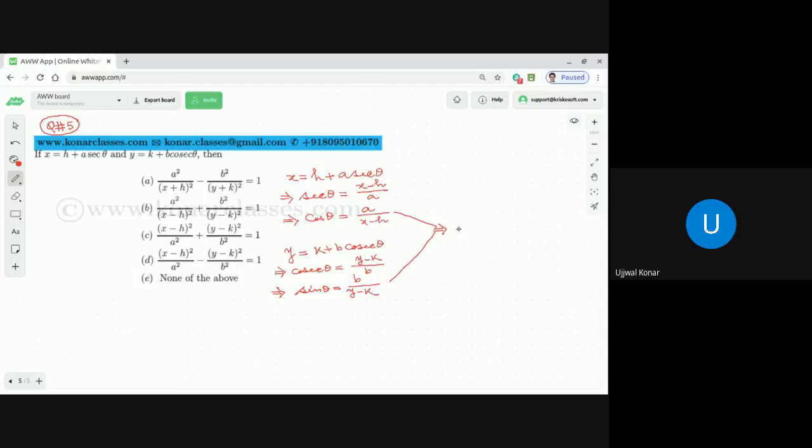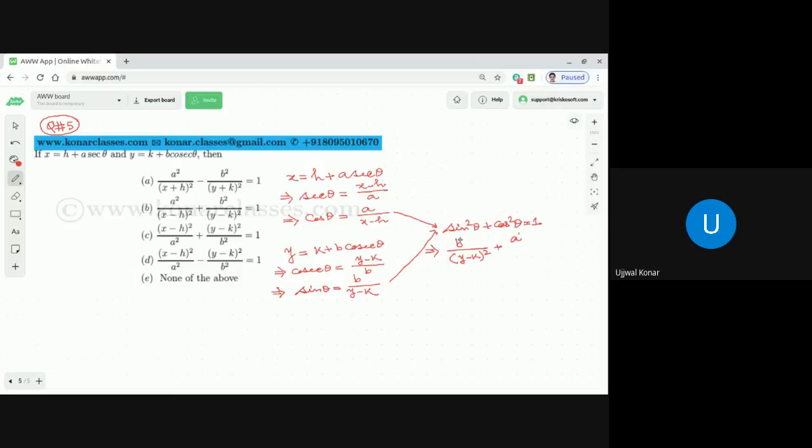From there we can say that sin square theta plus cos square theta equals 1. And this implies sin square theta is equal to b by y minus k whole square, plus cos square theta.